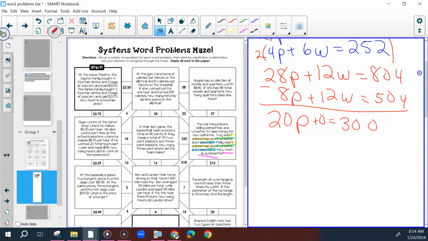And if we divide, p equals, and that would be $15.